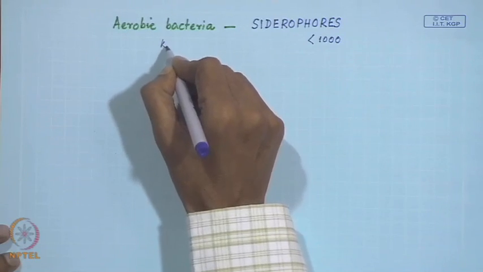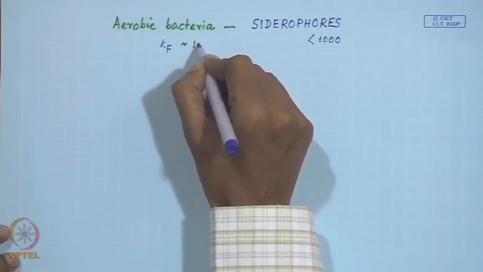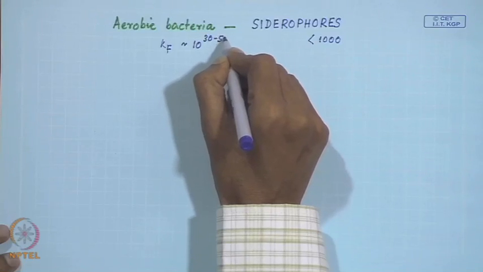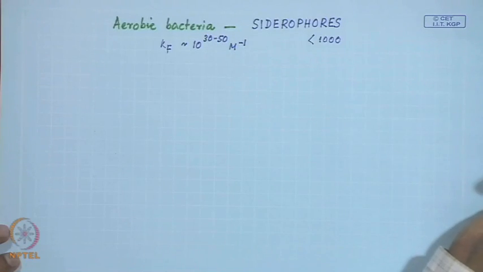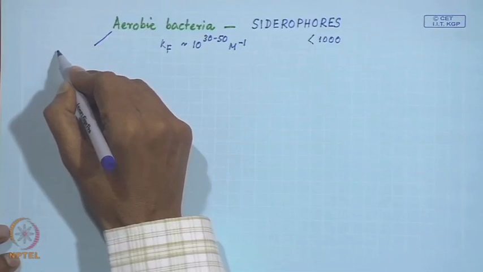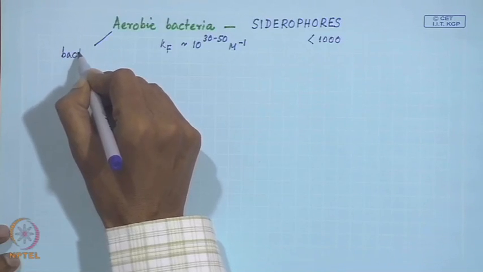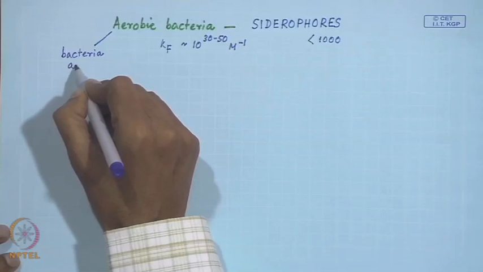Sometimes their formation constant for complexation varies from one source to the other, from 10 to the power 30 to 10 to the power 50 mole inverse. So, these are originating from different bacteria and fungi.